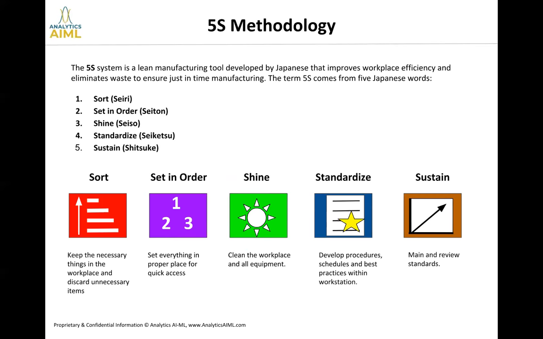It is necessary to discard the unnecessary items from the workplace. So only the important things are in the workplace, and whenever we need them, they are near to us, and the less important things are away from the workstation.